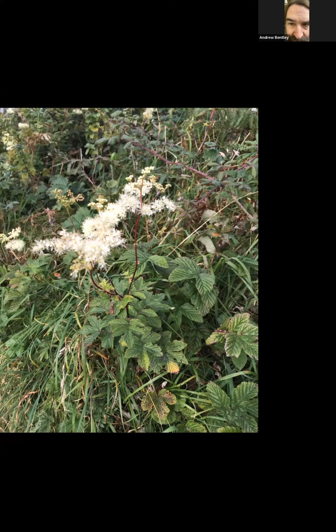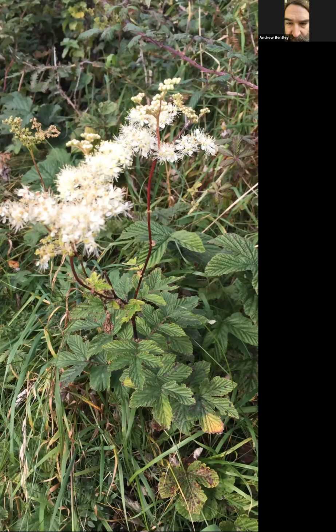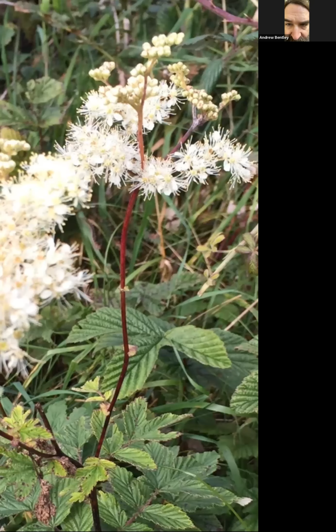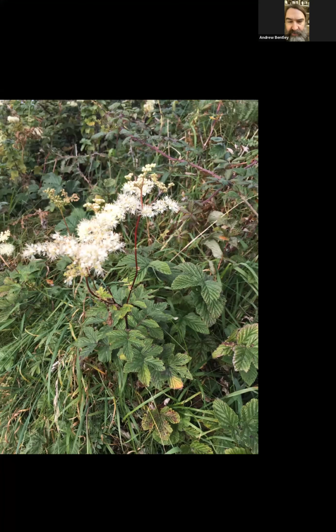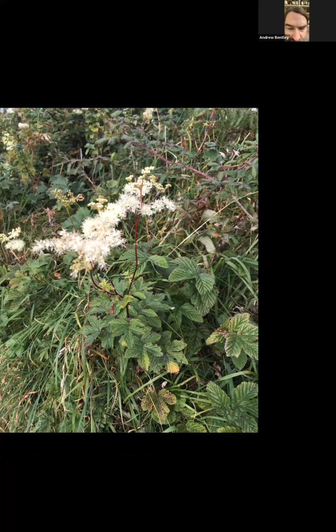So this is meadowsweet. And if you look very closely at the flowers of meadowsweet, it has the same whorls. And if you look at the leaves, they're kind of similar to the leaves of a blackberry plant, or at least they have the texture of a blackberry's leaves with the shape of a rose's leaves.